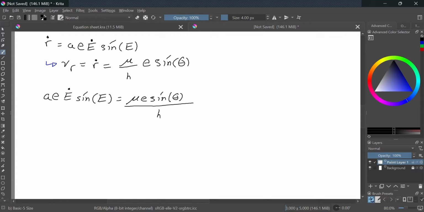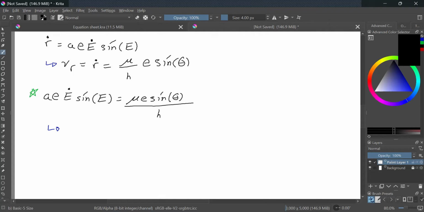I am going to mark this with a star just so I don't lose it later, because we're going to do some doctoring up of this equation. Again, we have two different trig functions, one by e, one by theta, and we don't like that. So let's do our best to try and fix that.